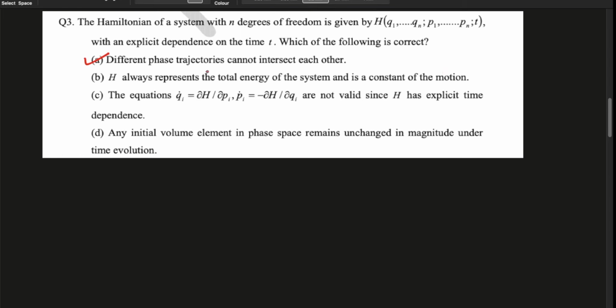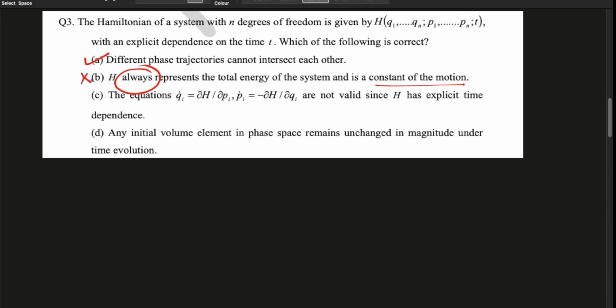H does not always represent the total energy. It is a constant of motion, that is true, but H does not always represent the total energy of the system, because the total energy of the system is an invariant quantity. It does not matter which phase you are going through, the total energy always remains conserved, but this is not the case, H does not always represent the total energy.